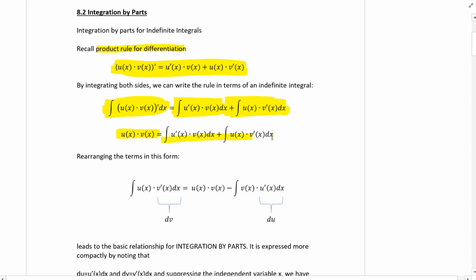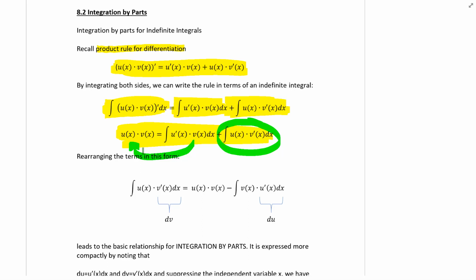So by writing this relation, if we rearrange the terms, we leave this term on the right hand side and move this term here, we're actually going to get the integral of u of x times v prime of x dx. It's u of x times v of x minus the integral of v of x times u prime of x dx.